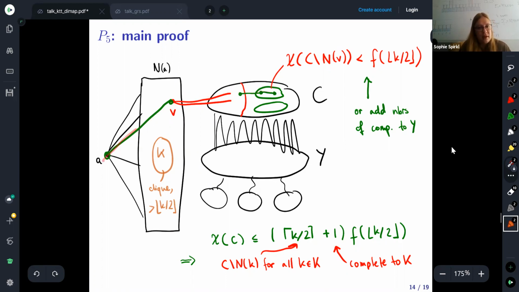So if we look at a vertex V with a neighbor in C, look at its neighbors and delete them, then if we have a component here, its set of neighbors there could be added to Y to make Y bigger.